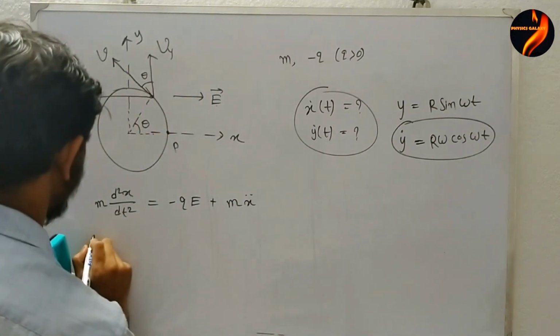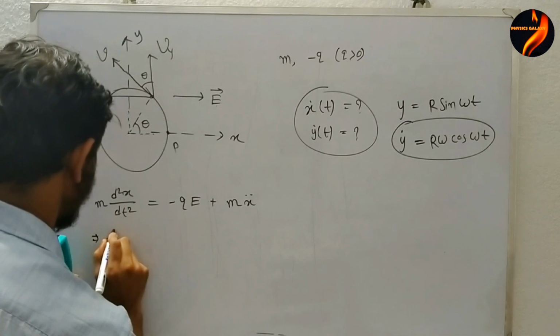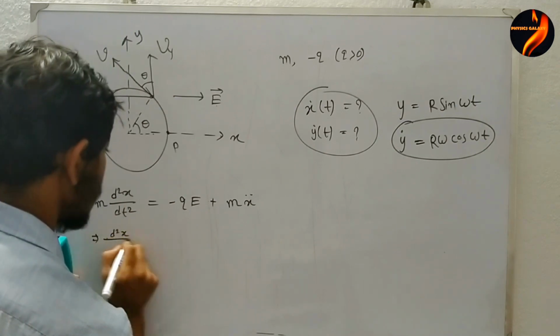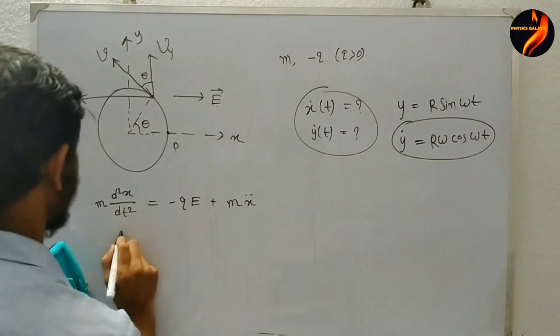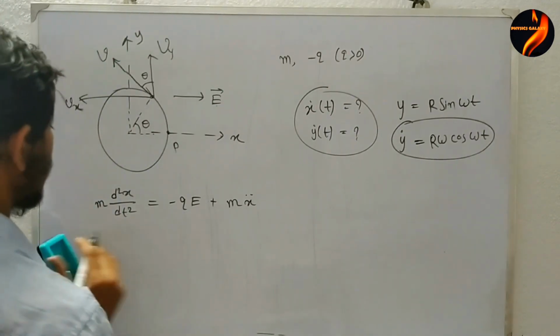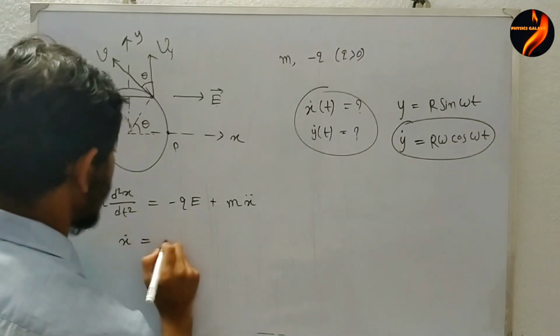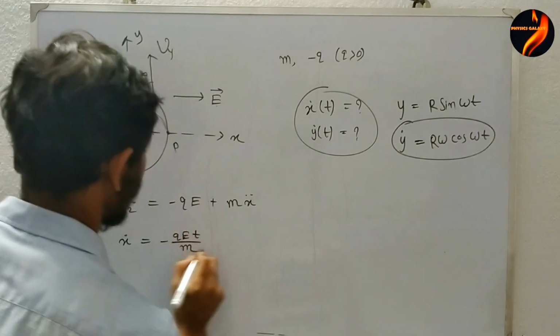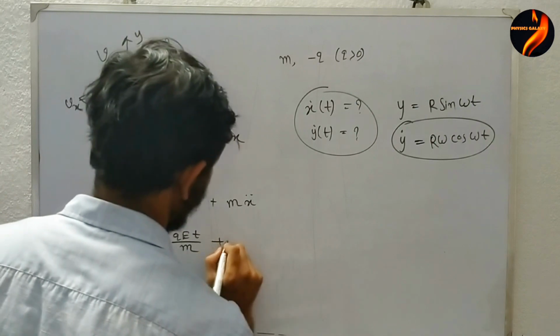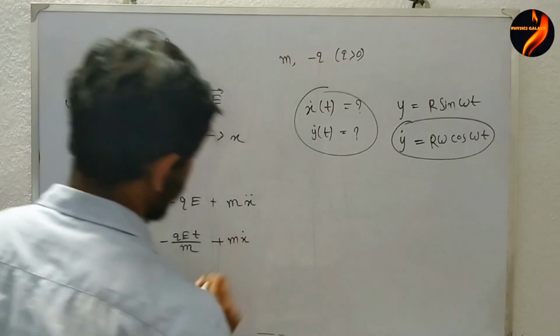After integrating one time, x dot equals minus QE t by m.